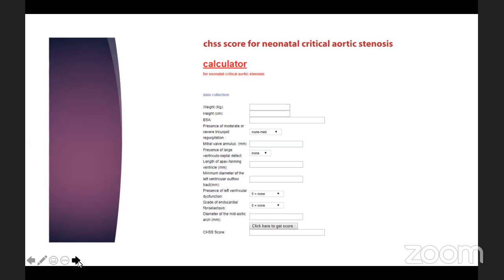Some of the discordantly managed patients, and by that I mean if the calculator tells you that this patient should go for a single ventricle, but some of the patients who undergo biventricular repair in spite of that end up doing well, and vice versa. So it's still a tool under revision, but it's one of the tools that are used for especially borderline cases.